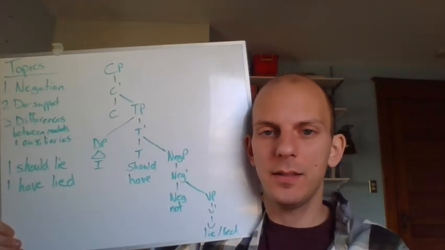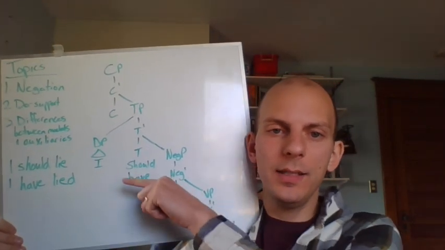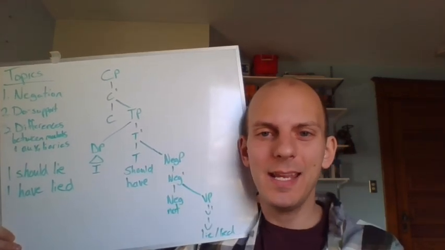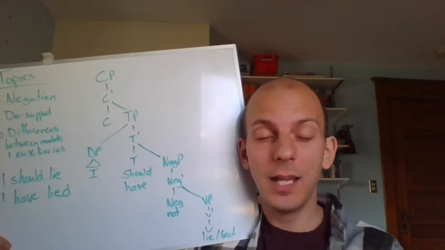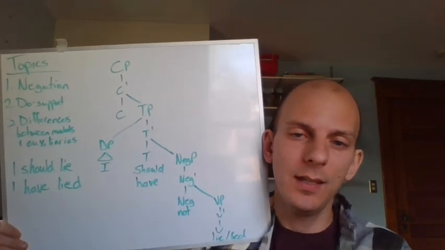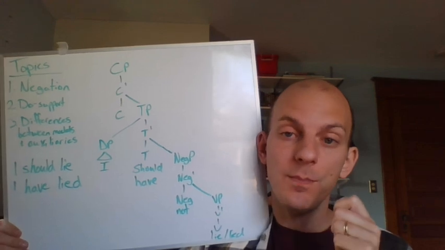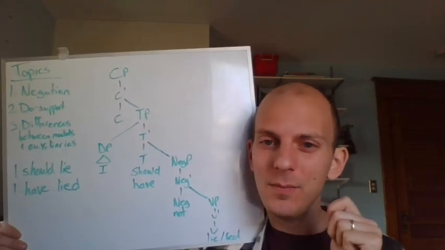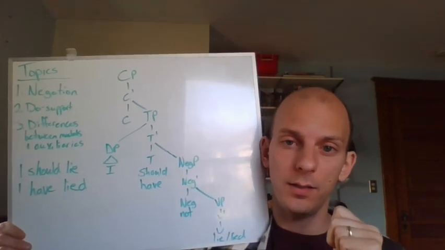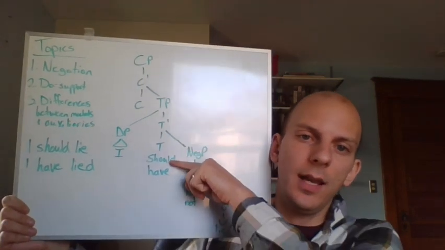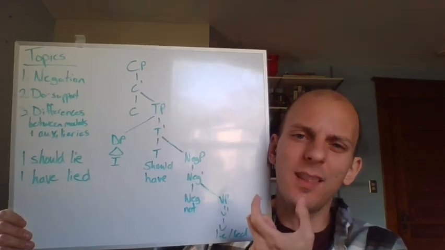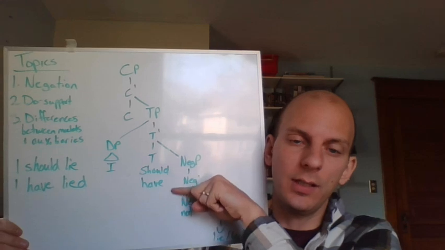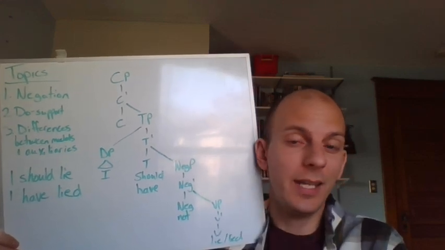The idea I want to highlight is, if we're trying to test to see if two things are generated in the same place, the same category, in this case T, we want to see if we can generate both of them in the same sentence. If you can't generate both of them, but you can only get one, that's pretty good evidence that they're in the same place and you only have one slot for them. That's why you can only get one, because you have to choose between should and have. Which one are you going to generate in T? Well, you can't have both in T.